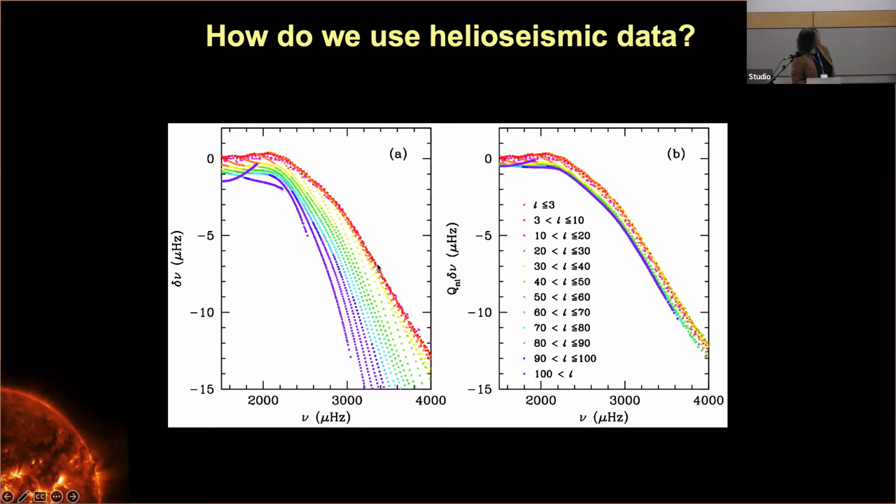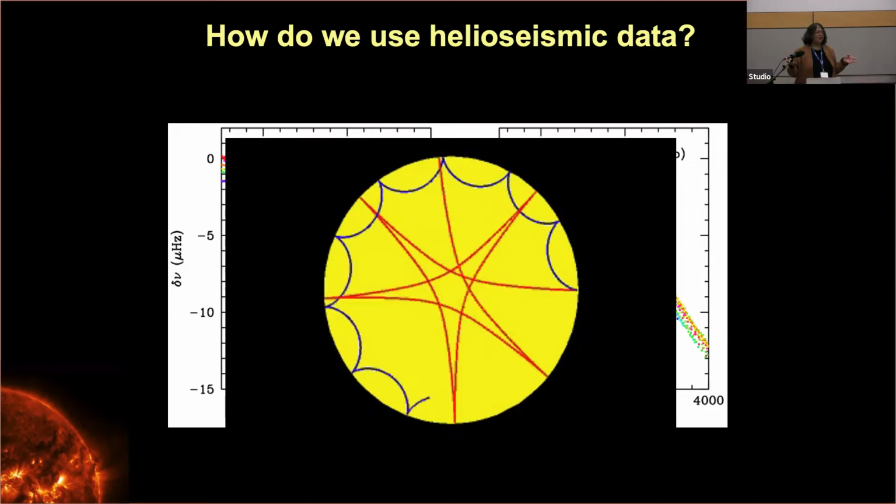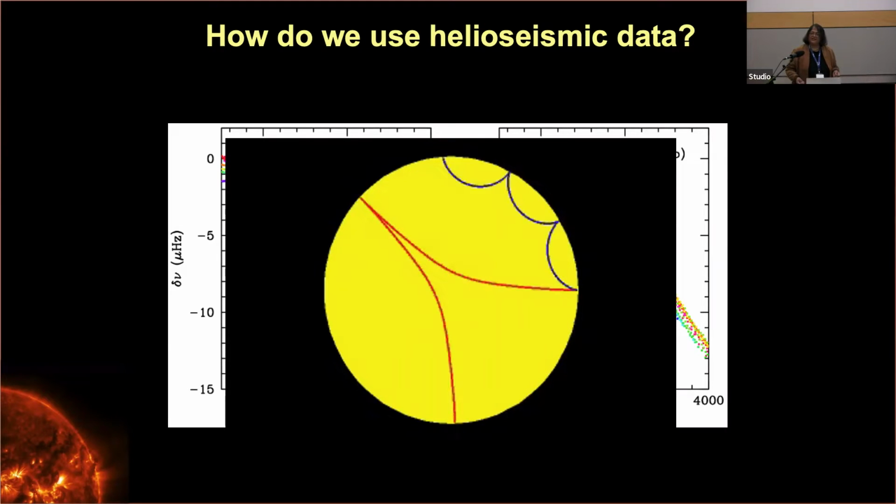And these red dots, which are very low degree modes, have a slightly different behavior than the higher degree modes, which are these purple dots. Now, this behavior is actually because if you have a mode that only penetrates to a shallow layer in the sun, they're easy to perturb, they're easy to change. The inertia is low. If you have a mode that goes deep inside, to change those frequencies, you have to make much larger changes. The inertia is high.